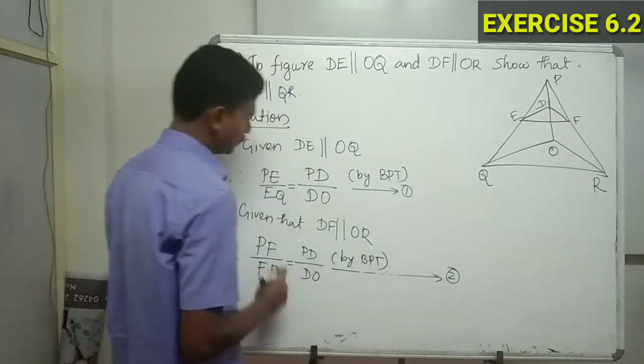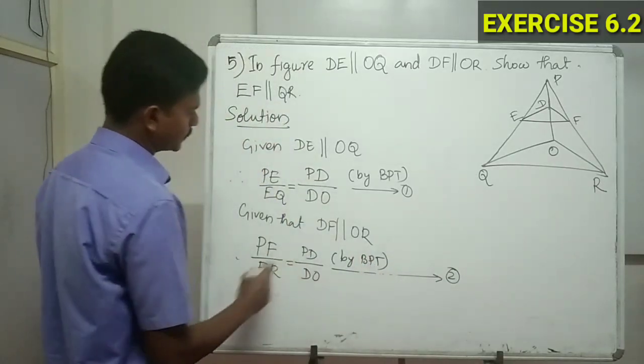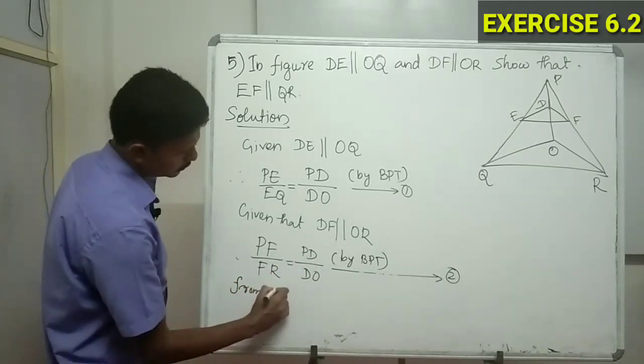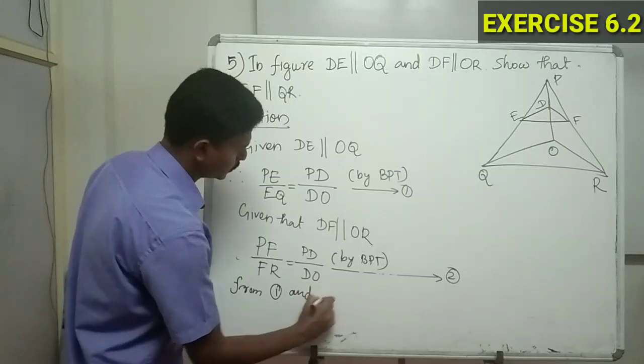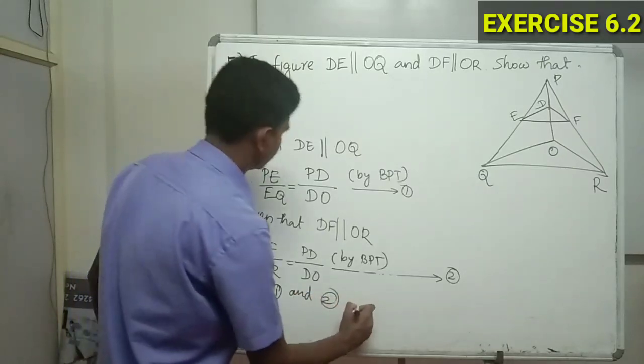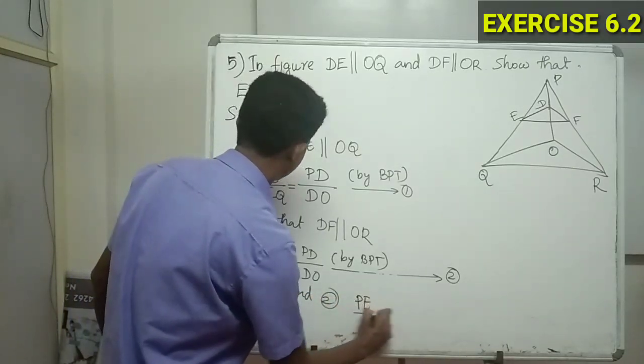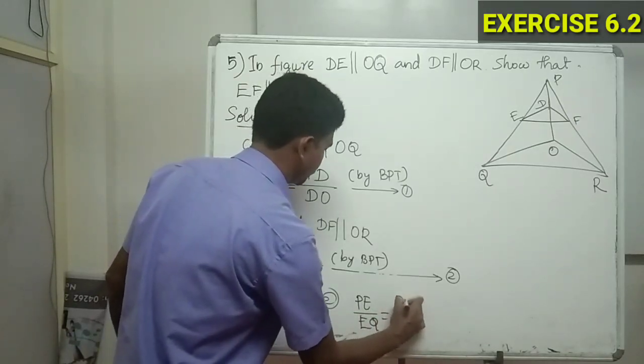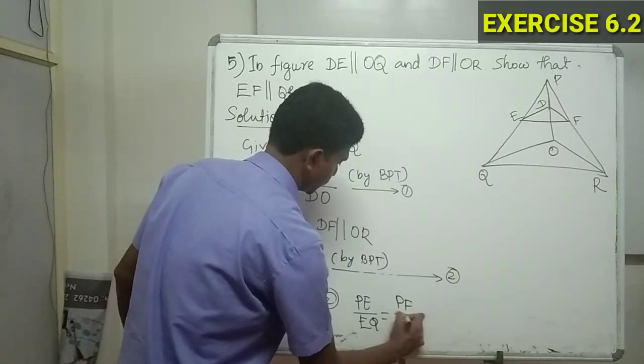When you see these two, we can see the right sides are equal. From 1 and 2, we can say that PE by EQ is equal to PF by FR.